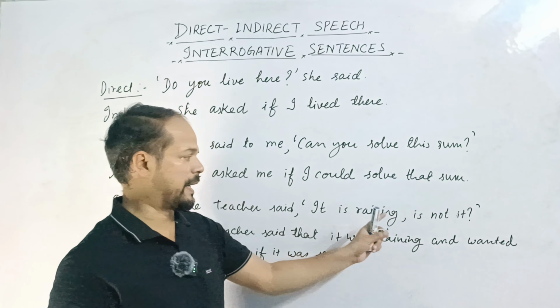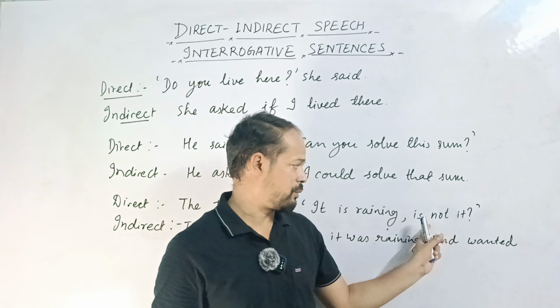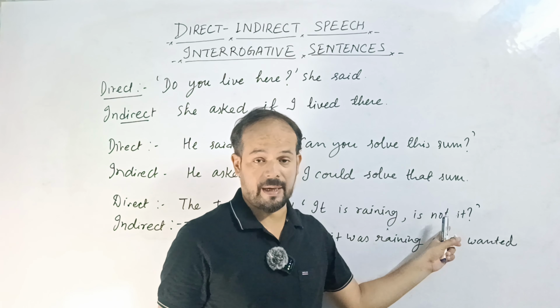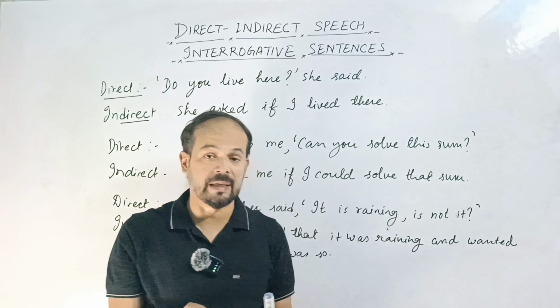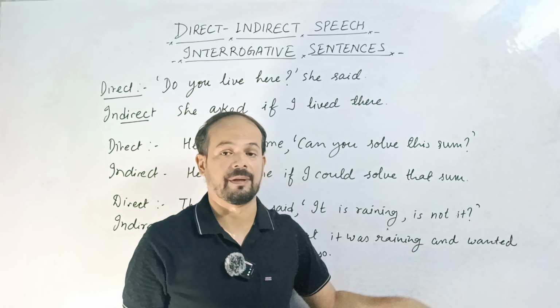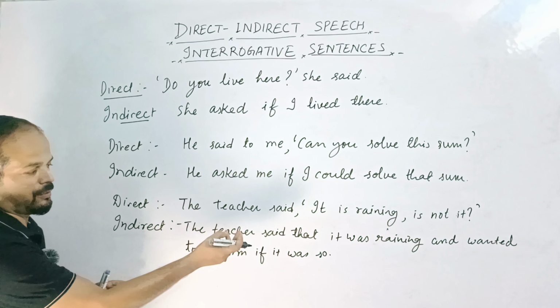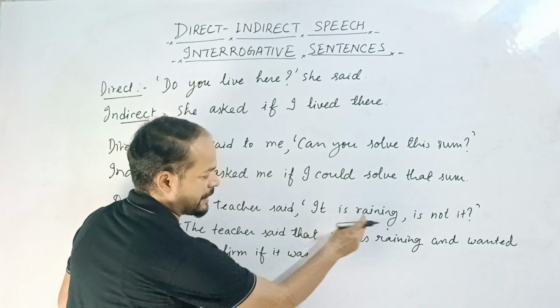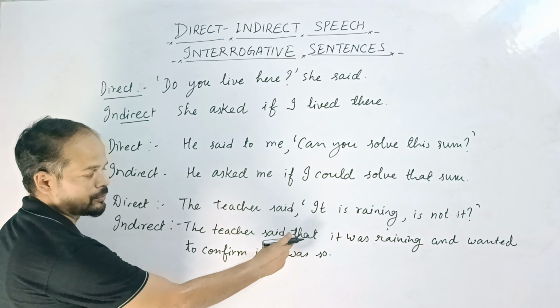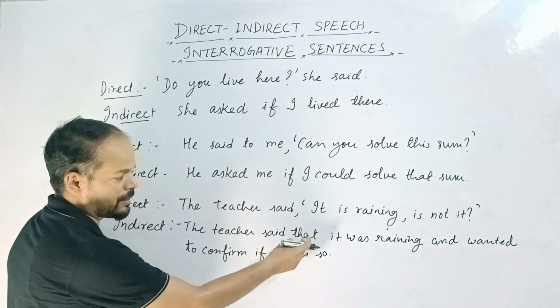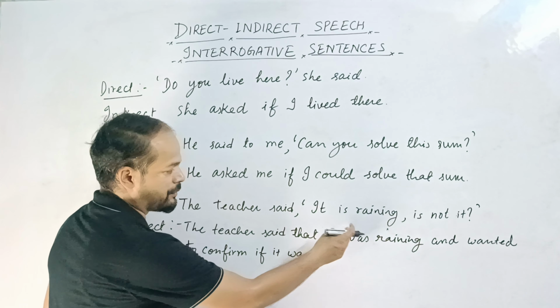So we don't mention the words written exactly there in the question tag. Rather, we understand the meaning that this question tag conveys. Accordingly, we write. So the first one being a statement, we use that to remove the inverted commas. It was raining.